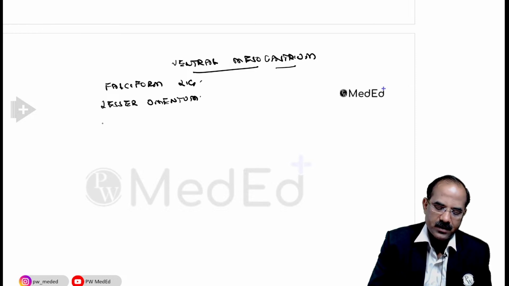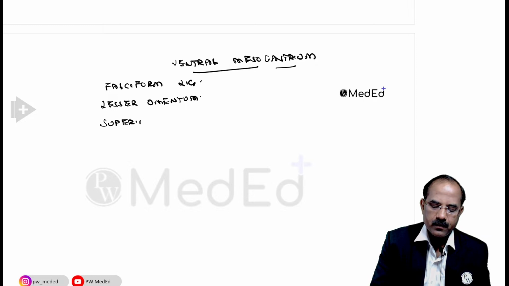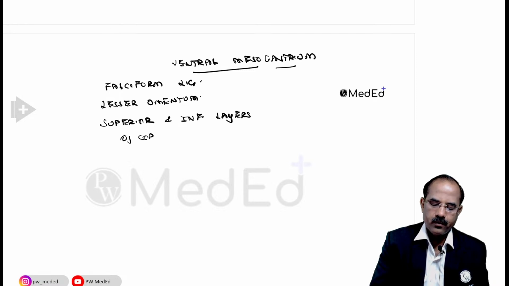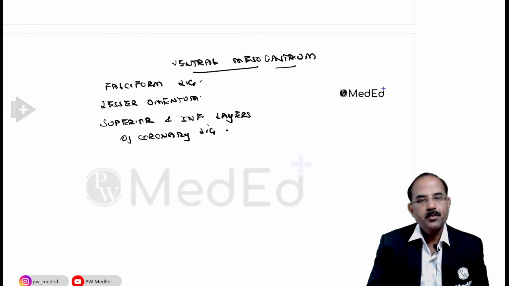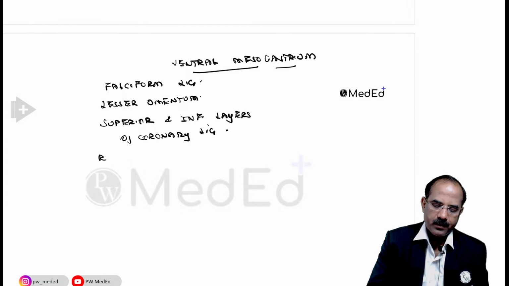Which are these ligaments? One is the superior and inferior layers of the coronary ligament.